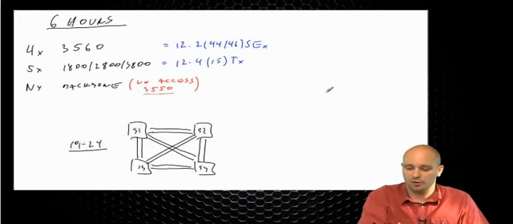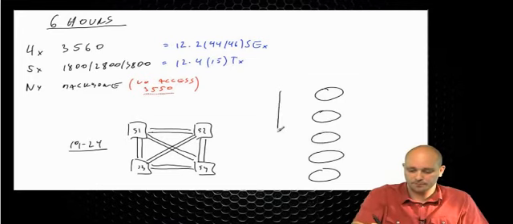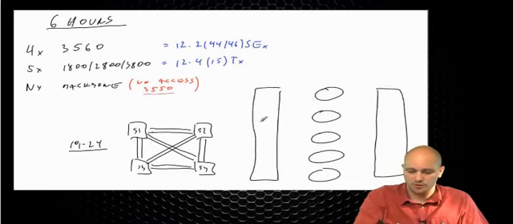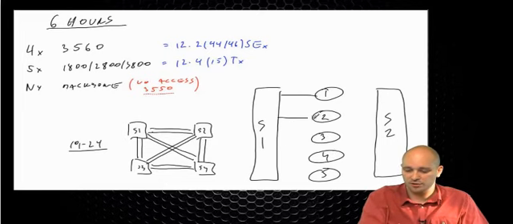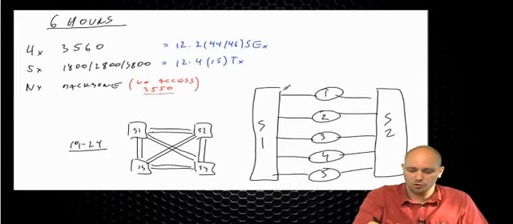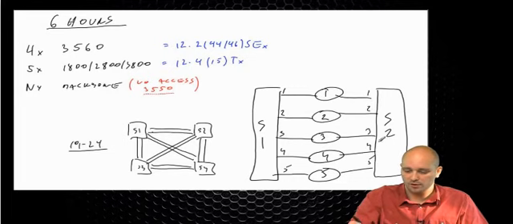And the routers will connect to switches like this. So this is switch 1, this is switch 2. Let's say that this is router 1, 2, 3, 4, and 5. So these are the connections between them, and this is going to be port 1, 2, 3, 4, 5, 1, 2, 3, 4, 5, and this is going to be 0, 0.